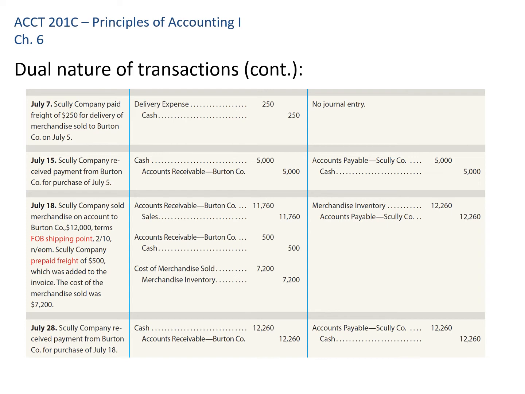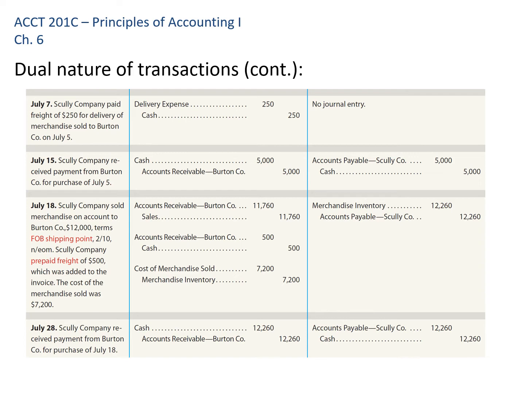This next transaction, Scully sells merchandise on account to Burton for $12,000. Terms FOB shipping point, 2/10 net end of month. Scully Company prepays freight of $500 and adds it to the invoice. The cost of the merchandise is $7,200. In this case, we record accounts receivable for Burton and sales, and that's net of the 2% discount.